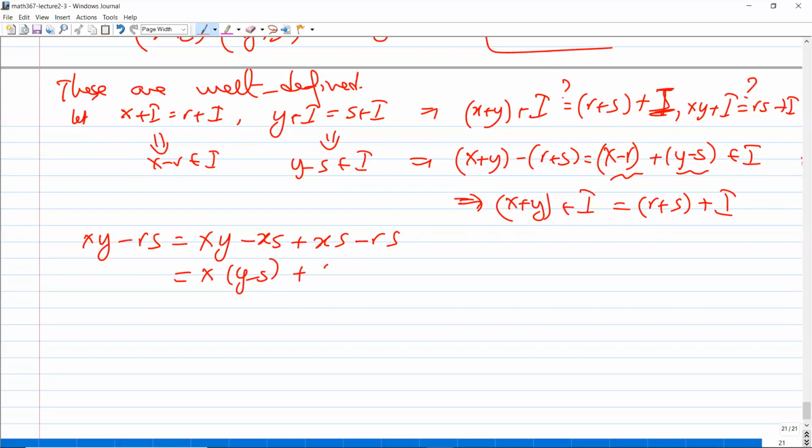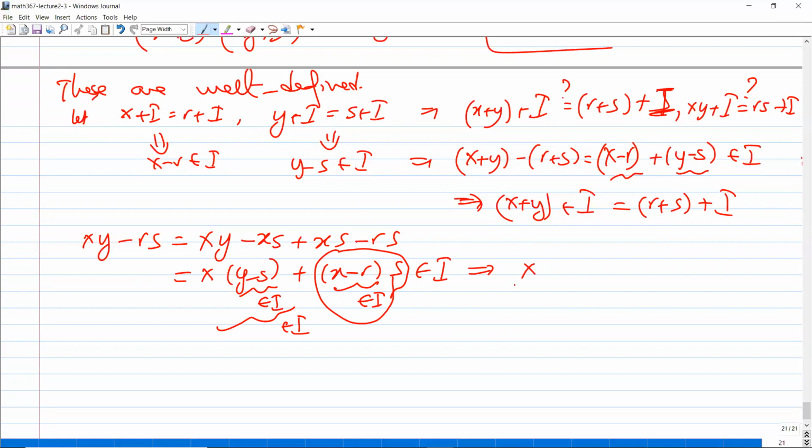If you factor out s from the second part, it is (x minus r) times s. This is in I, and this is also in I. So since each part is in I, the sum is in I. So xy minus rs is in I, so the left cosets of xy and rs are the same. So the multiplication is well defined.